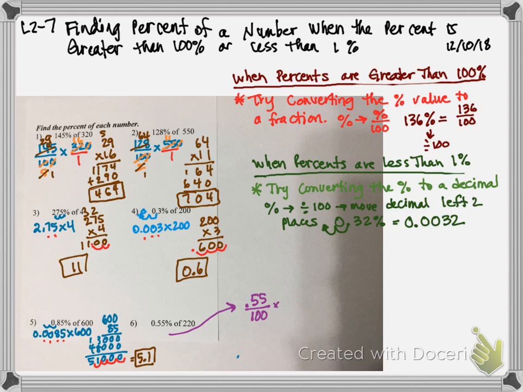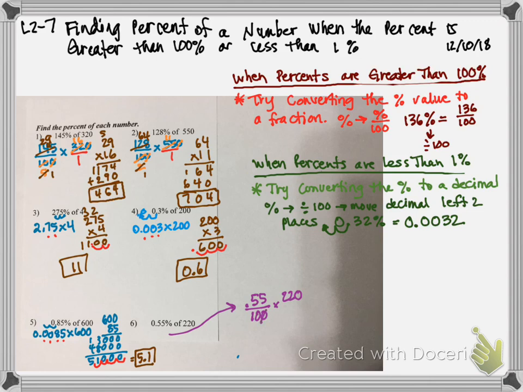And then I can multiply by 220. A lot of people just dropped off the percent symbol and the decimal point and then just put 100 underneath it. Nope, you have to keep that decimal point. That percent number goes over 100.